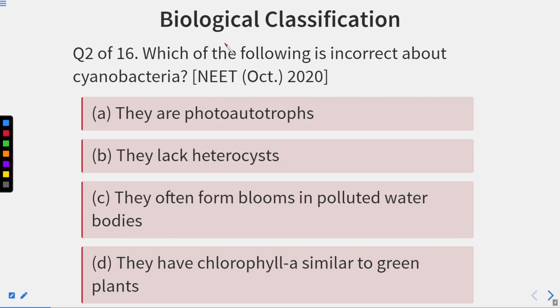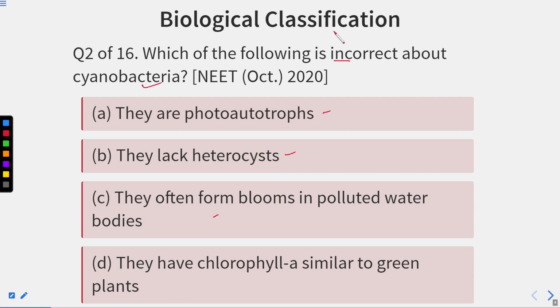Now coming to the next question. Here they are asking which of the following is incorrect about cyanobacteria. The options are: they are photoautotrophs, they lack heterocyst, they often form blooms in polluted bodies, and they have chlorophyll A similar to green plants.